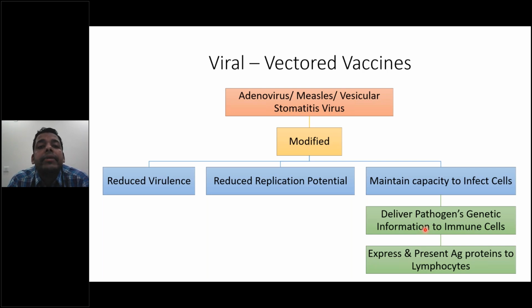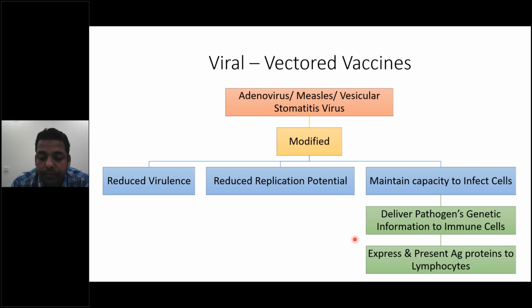So adenovirus, measles virus, or vesicular stomatitis virus are used, and they are modified, which results in reduced virulence and reduced replication potential of these viruses, but the ability to infect cells is maintained. This leads to delivery of the pathogen's genetic information to our immune cells, which express and present the antigen proteins to the lymphocytes.